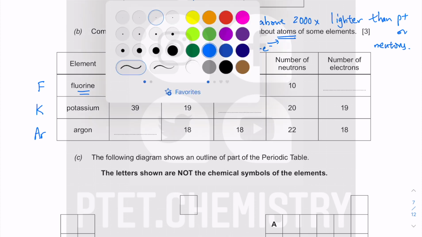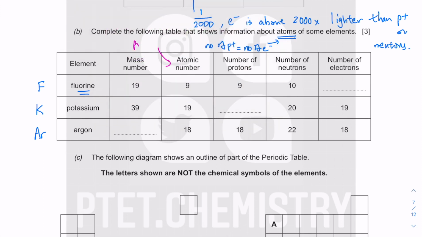Atomic number. The other name for atomic number is proton number. We write it in international format, with the proton number on the bottom left. So this is 9, this is 19, and this is 18. These are the proton numbers or the atomic numbers.